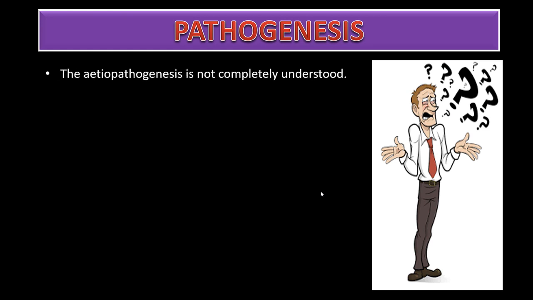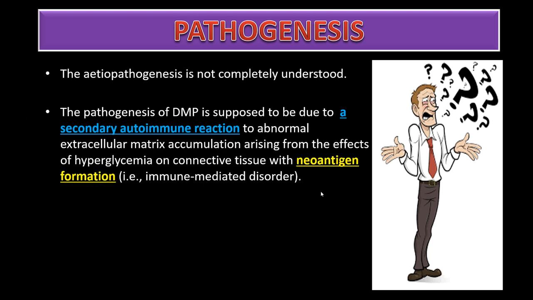Pathogenesis. The etiopathogenesis is not completely understood. The pathogenesis of diabetic mastopathy is supposed to be due to a secondary autoimmune reaction to abnormal extracellular matrix accumulation arising from the effects of hyperglycemia on connective tissue with new antigen formation, that is, an immune-mediated disorder.